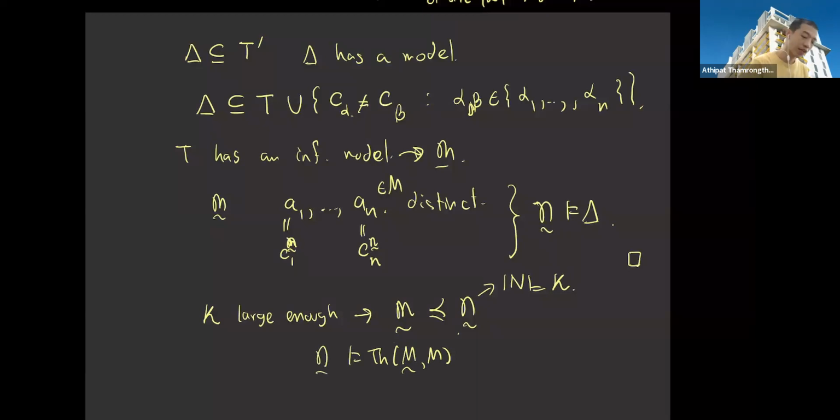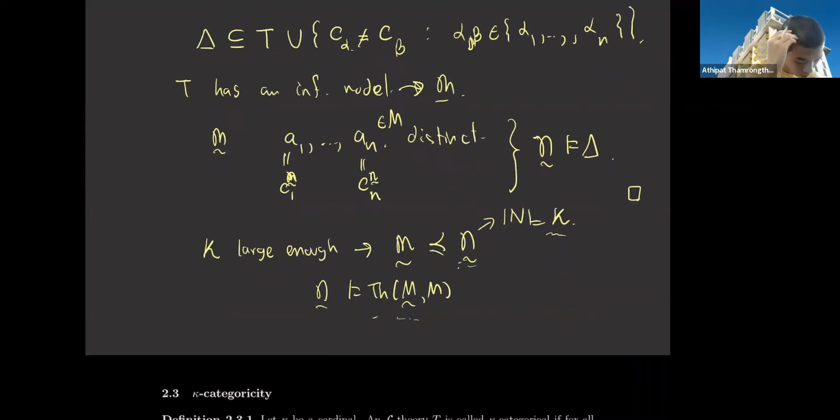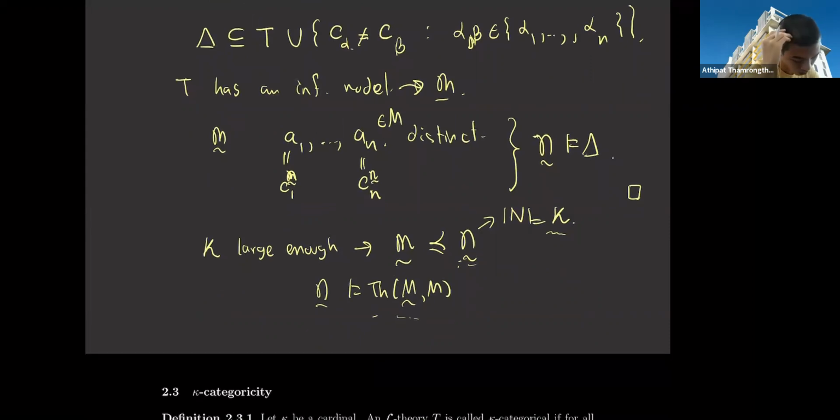Okay, now you can see that this is in theory. This is structures here. Okay, and we can talk about super large structures. And it's quite interesting that, up to isomorphism, how many structures can we have, or do we know, can we get something about the structures that are models of our theory?